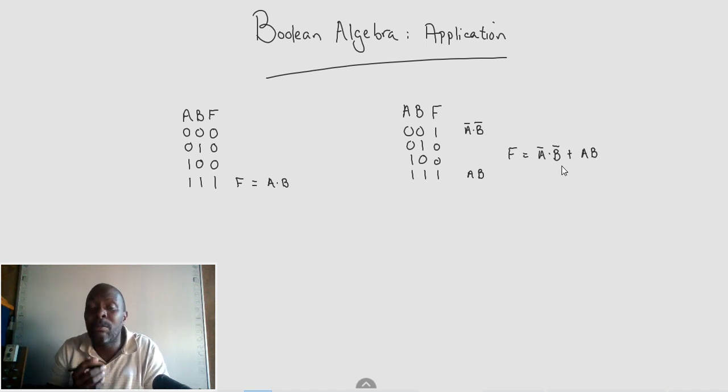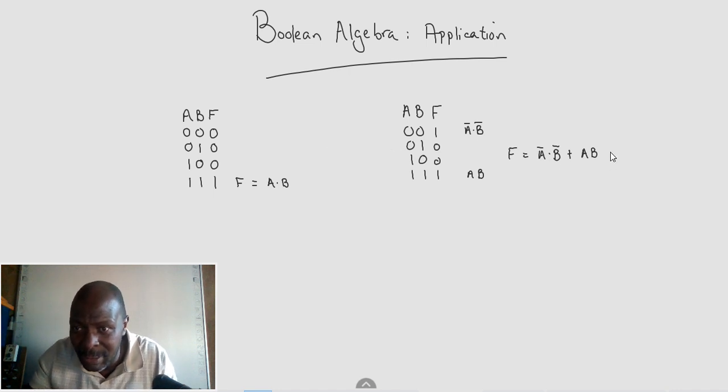We should know by now that this is the exclusive NOR gate, the output of the exclusive NOR gate. Remember, this is simply an exclusive OR: A, with an X, OR B, then inverted.